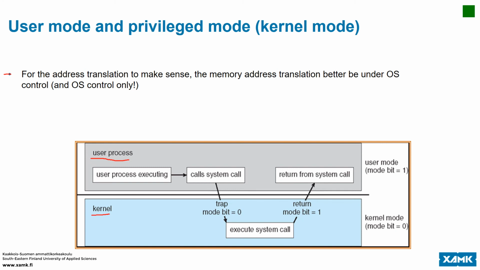One of the times when the control of execution switches back from user processes to the kernel is when we have to do address translation. So address translation is always done in the kernel level and not in the user process level for security reasons again.